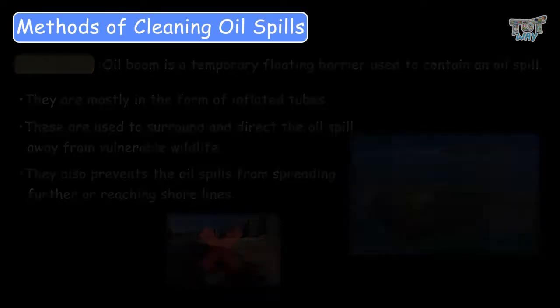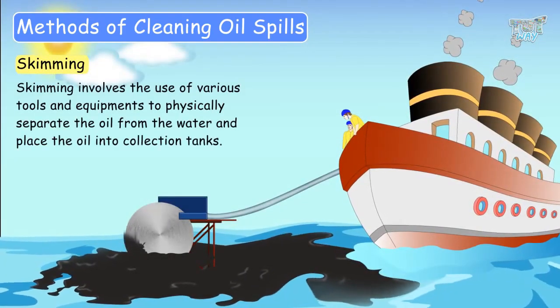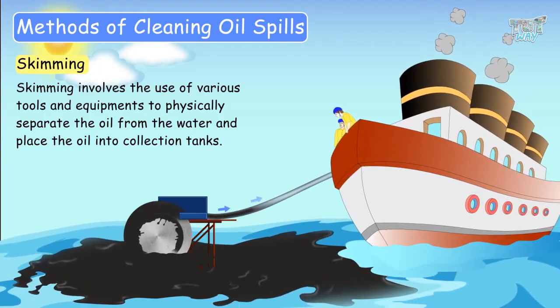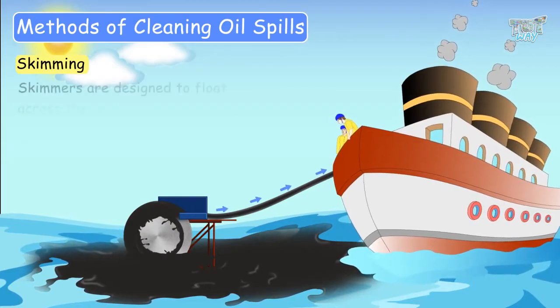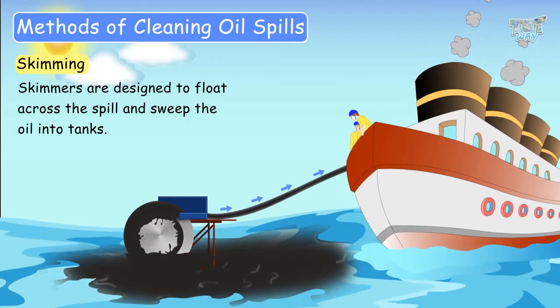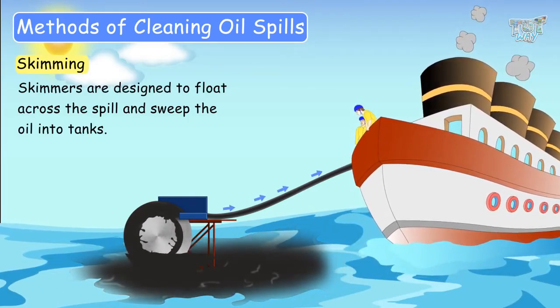Another method is skimming. Skimming involves the use of various tools and equipment to physically separate the oil from the water and place the oil into collection tanks. Skimmers are designed to float across the spill and sweep or scoop the oil into tanks situated either on the coastline or at sea.